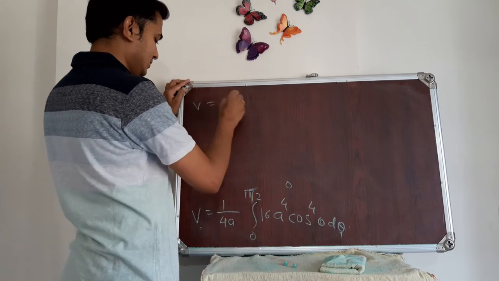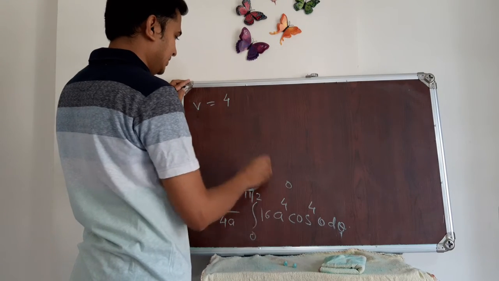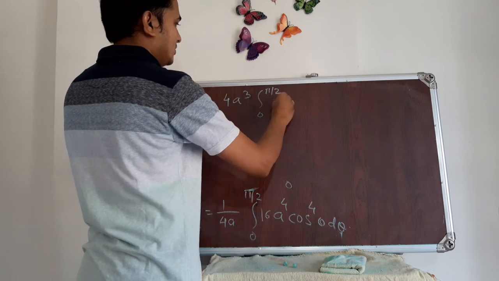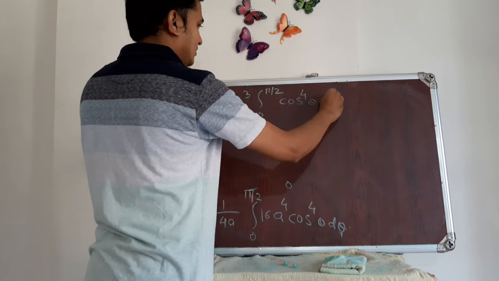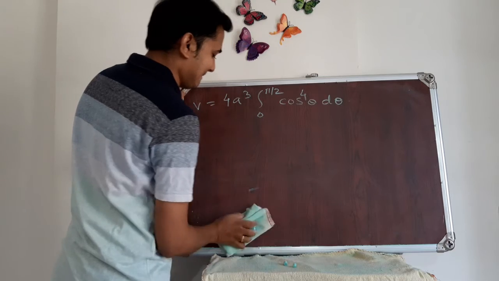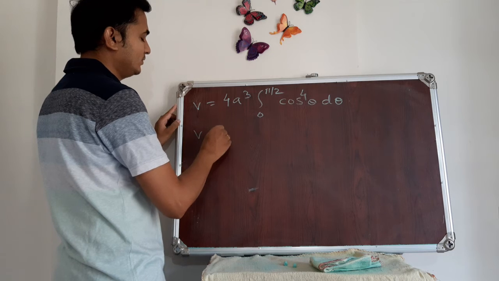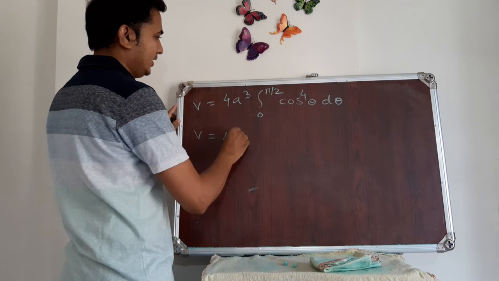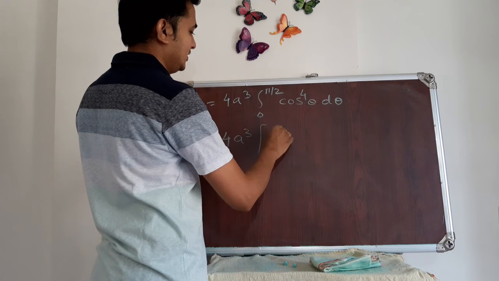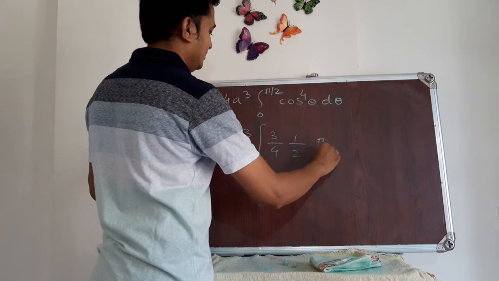So V is equal to 4a³, n is even, so (n − 1)/n, 3/4 times 1/2 times π/2.